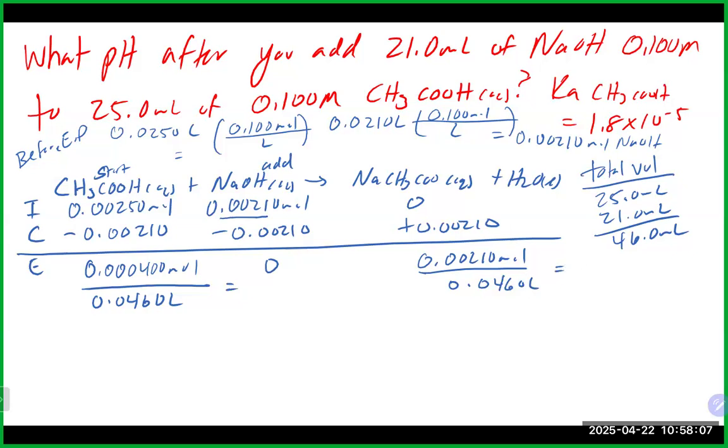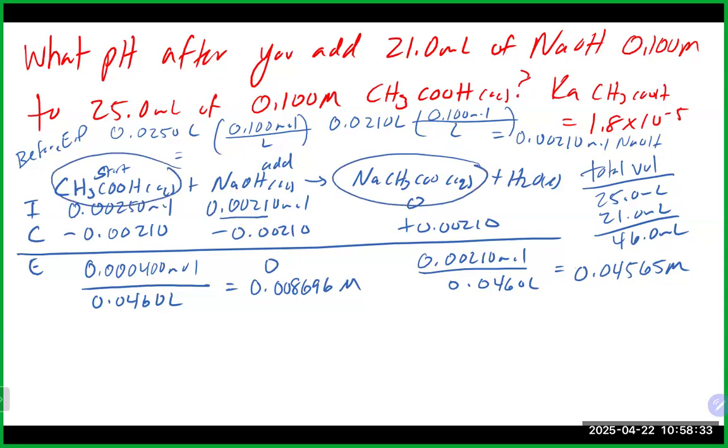And that is going to get us here. Looks like 0.008696 and 0.0021 over 0.046, 0.04565, I think.